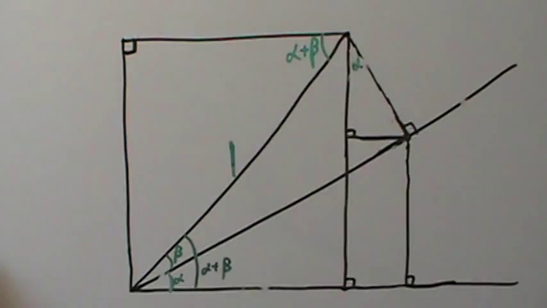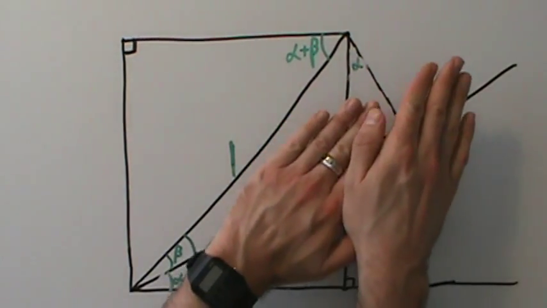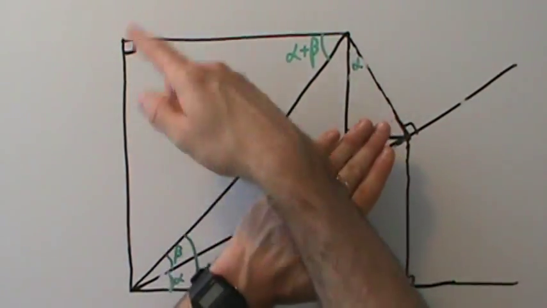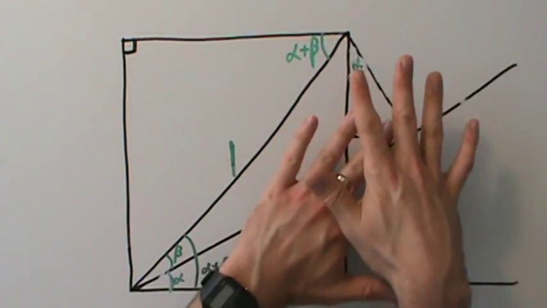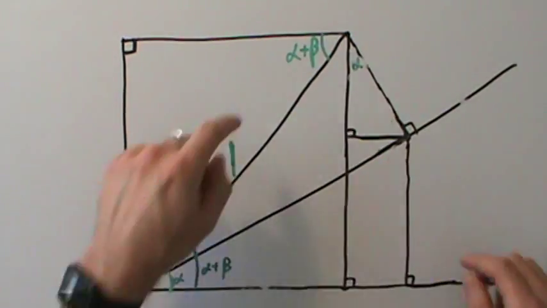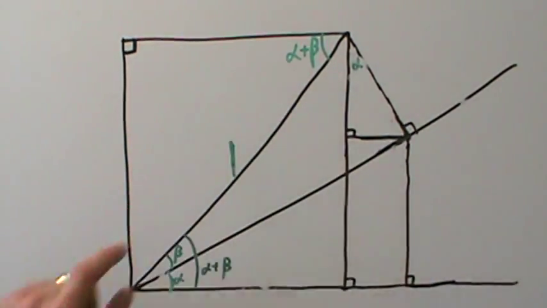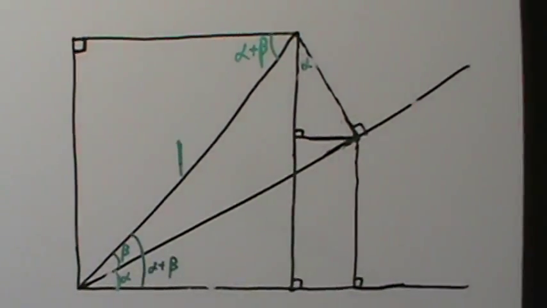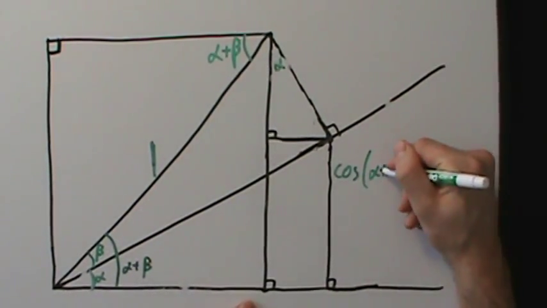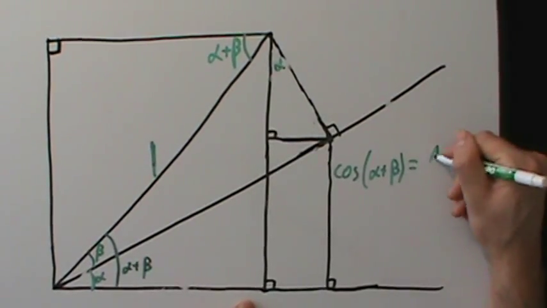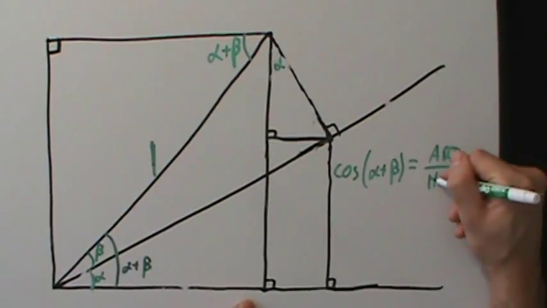Okay, so forget about all this other stuff over here and just look at the right triangle here. So here's one leg of the triangle, another leg of the triangle, and the hypotenuse of the triangle. What we want to do is label this triangle based on trig functions of this angle here. So remember, in a right triangle, cosine of alpha plus beta is adjacent divided by hypotenuse.